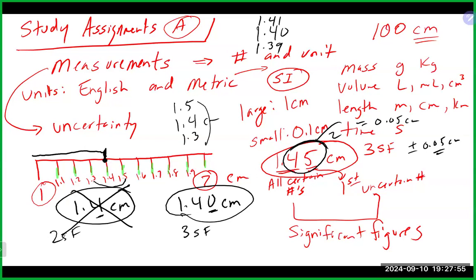Because you have the ability on this particular ruler to go to the second decimal place, you need to put the 0 there. Because if you leave off the 0 and just record 1.4, you made your measurement pretty poor. So you sometimes do need to add a 0 to make it what it needs to be. You shouldn't leave off a 0.